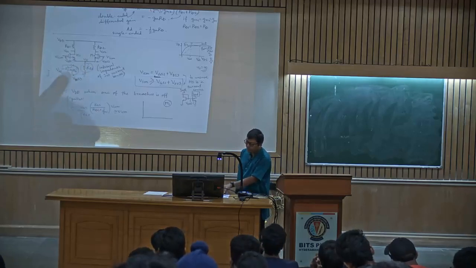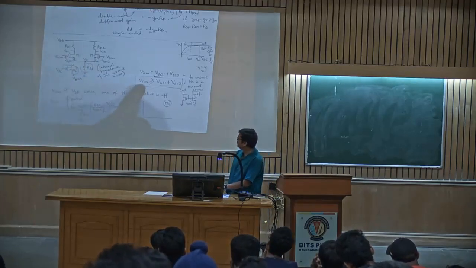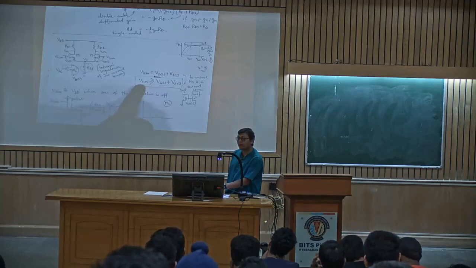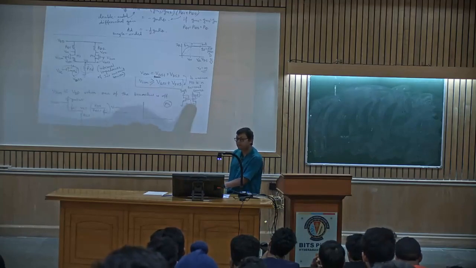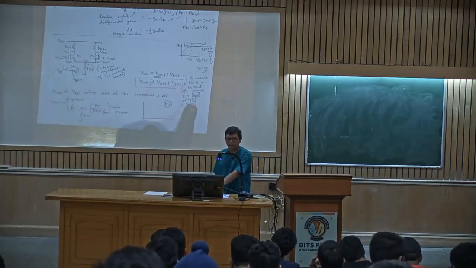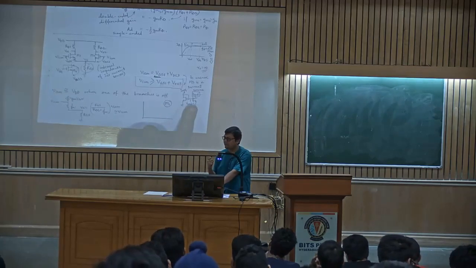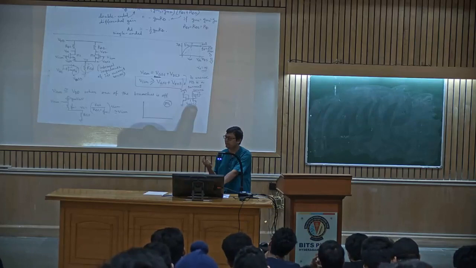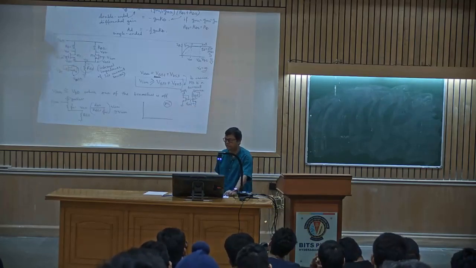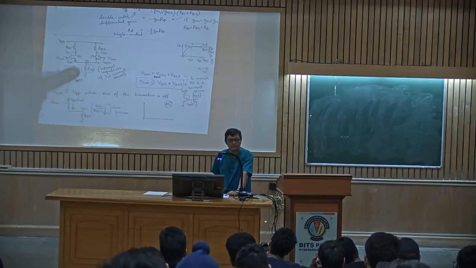The minimum value of VICM which I told about is defined by what? By the current mirror circuit. So the restriction on the minimum value of VICM or VS is defined by the current source which is driving this differential amplifier.